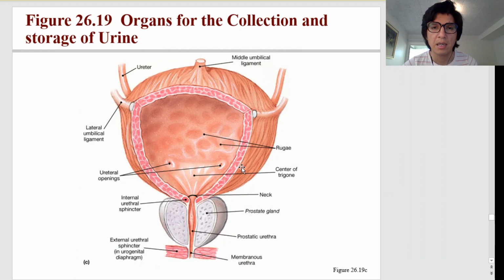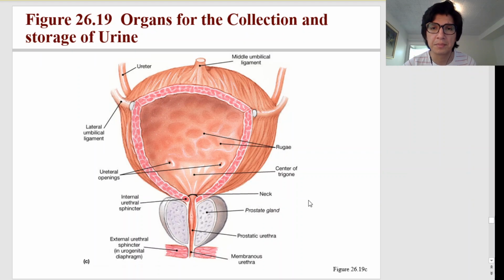This is the trigone, which is basically a triangle between where the ureters enter and where the urethra leaves. And we have two different sphincters. You have an internal sphincter and here an external sphincter. The external sphincter is under our conscious control, and that's the one that we hold.